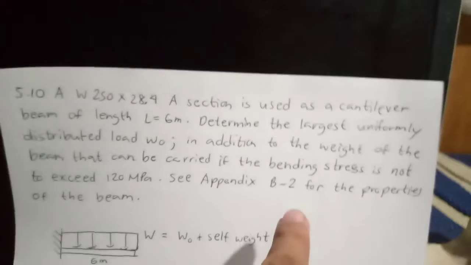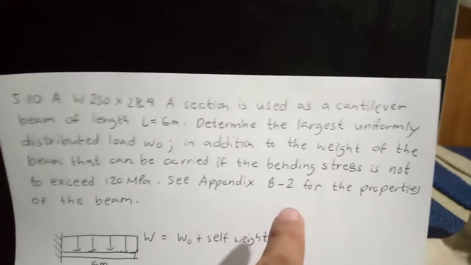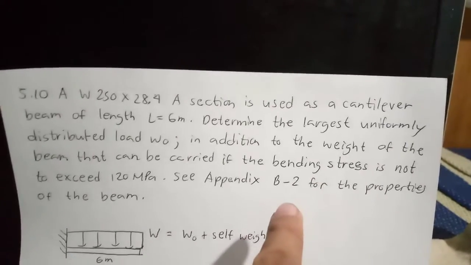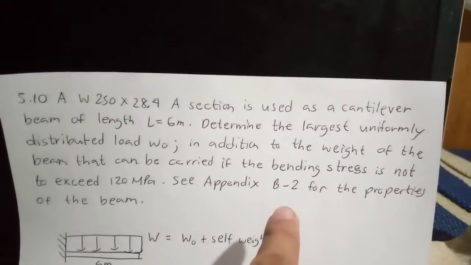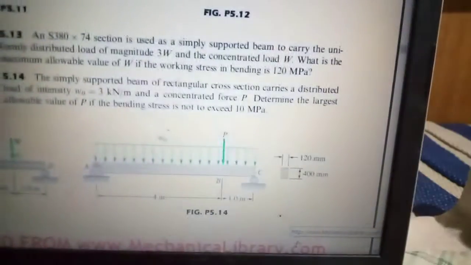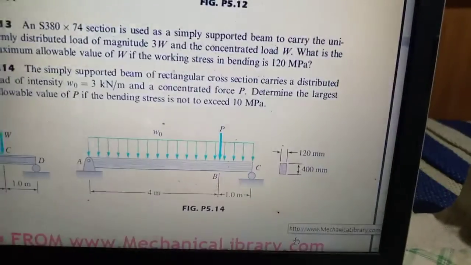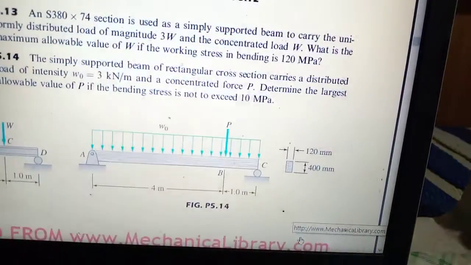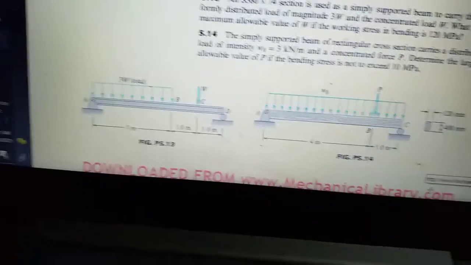It can be seen in our PDF book, Mechanics of Materials by Pytel and Kiusalaas. Let's try finding it.